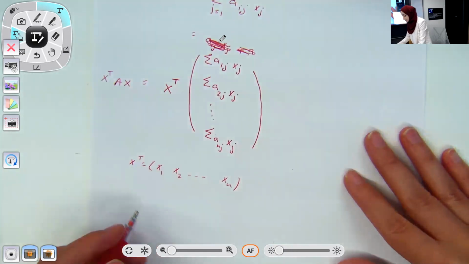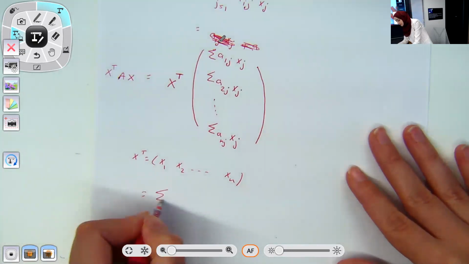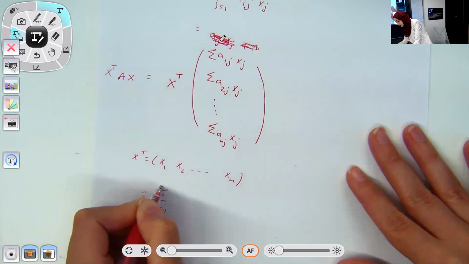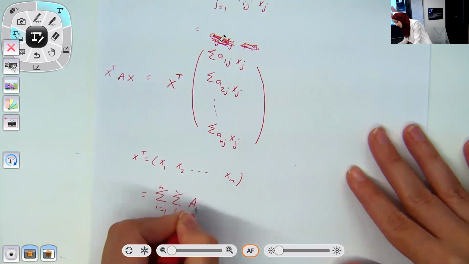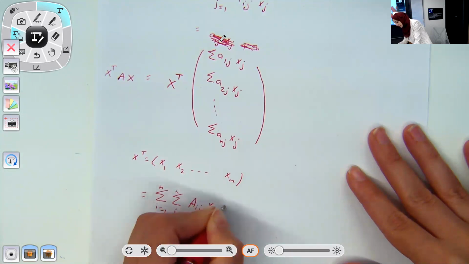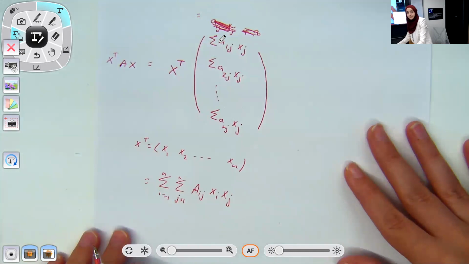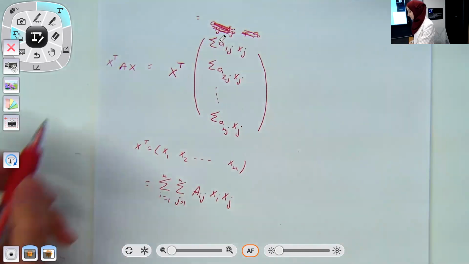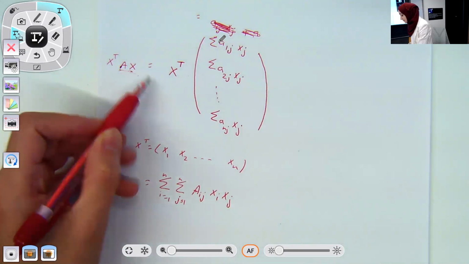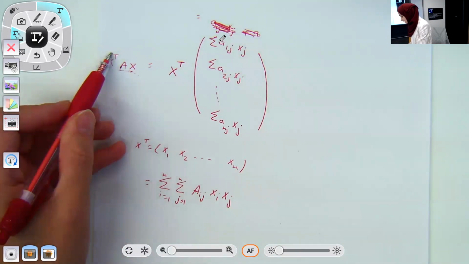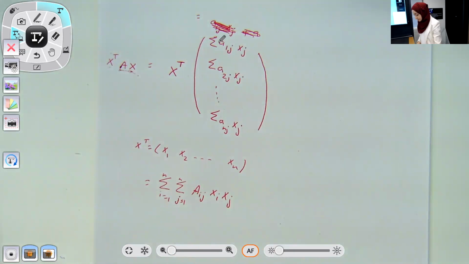This will give you the summation from i equal 1 to n, and the summation from j equal 1 to n of Aij xi xj. You just need to expand at the beginning the multiplication between A and X, and then multiply the answer by X transpose. This is for this one.